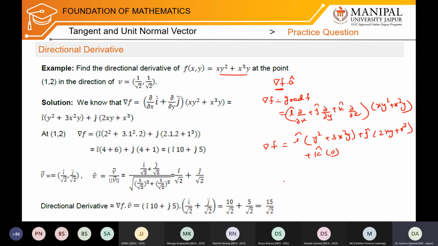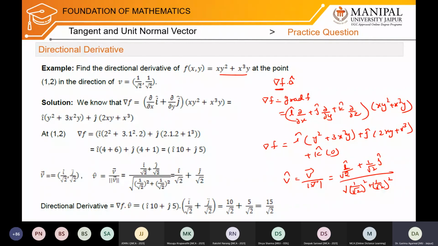Now v cap is vector v upon magnitude of v. Vector v is 1 by root 2 i cap plus 1 by root 2 j cap. The magnitude is the square root of (1 by root 2) square plus (1 by root 2) square. So 1 by 2 plus 1 by 2 is 1.